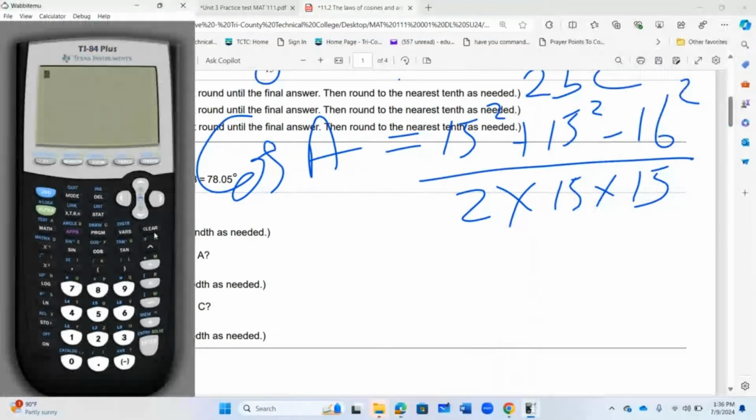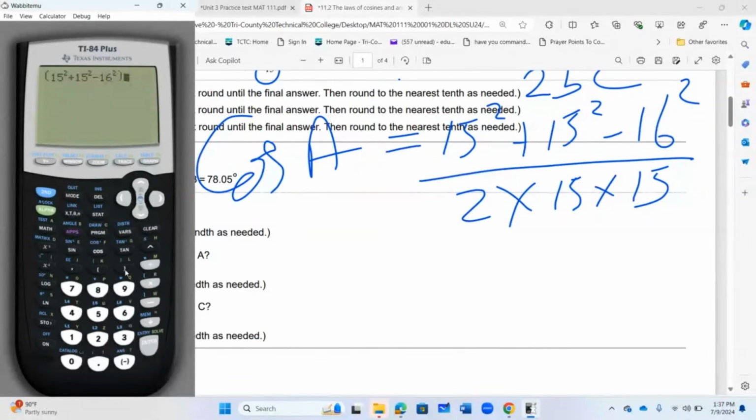Open parenthesis, 15 squared, plus 15 squared, minus 16 squared. That's the numerator.